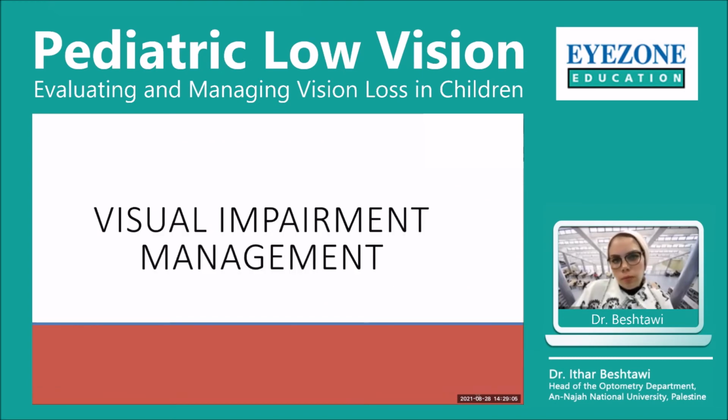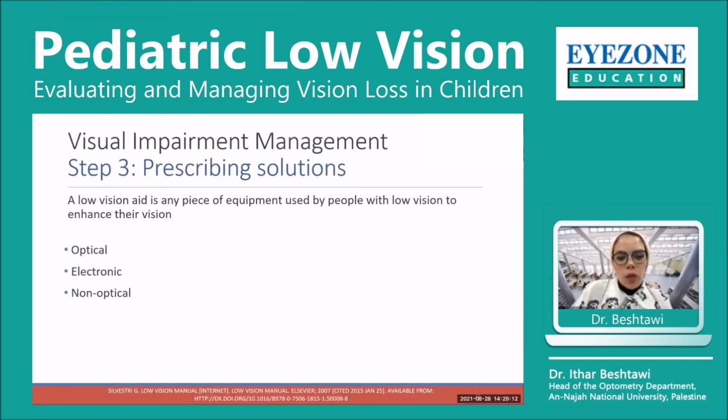Now let's talk about visual impairment management. Solutions recommended to the visually impaired child can be in the form of spectacles, optical aids, non-optical aids, or even advice and recommendations.